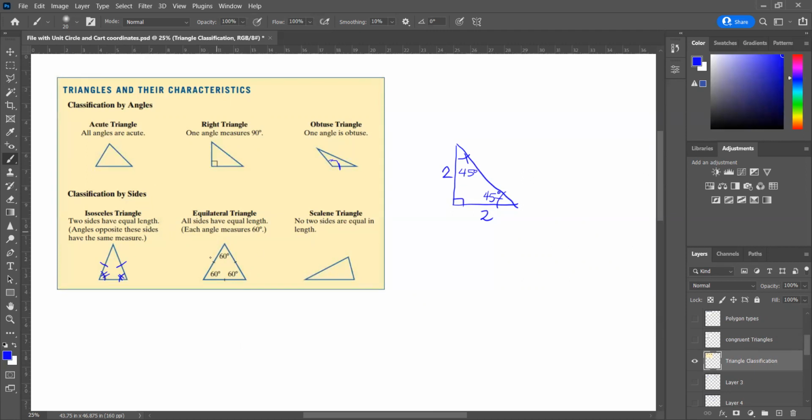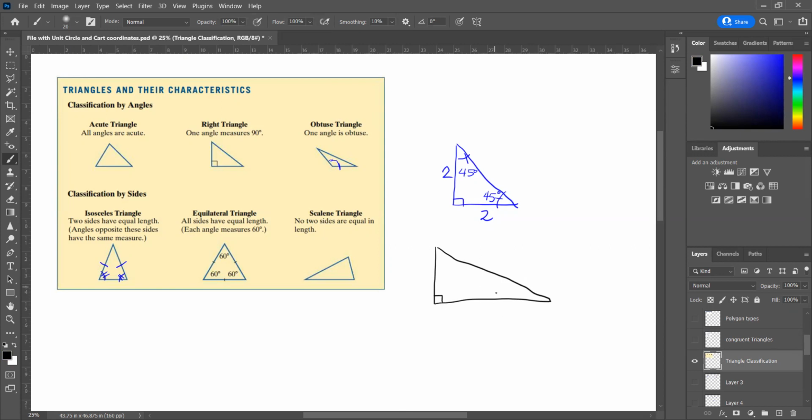We do have, with right triangles, a nice equation that will help us get the sides. So let me go ahead and draw a right triangle again. Maybe this will look a little better, probably not. So there we've got a right triangle.